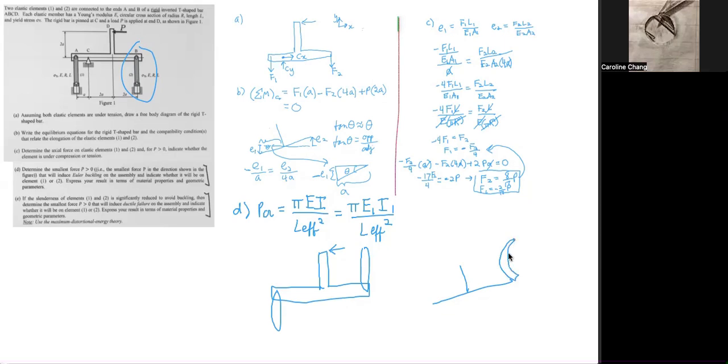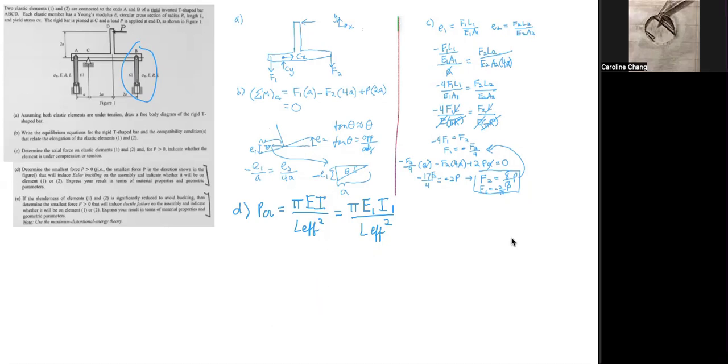So both of the members have the potential to distort either like this, like this, or out of plane directions. In that case, I believe we will have to calculate P critical for both of those members and compare those values, and choose the limiting factor. But this problem, because only member one is under buckling, is pretty simple.